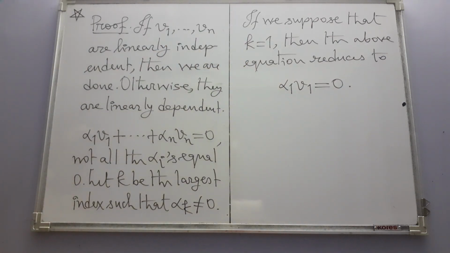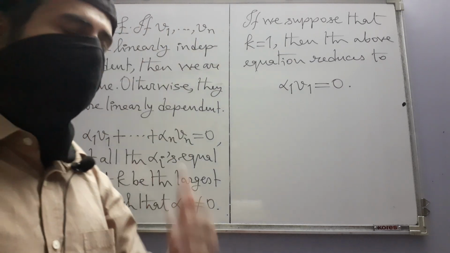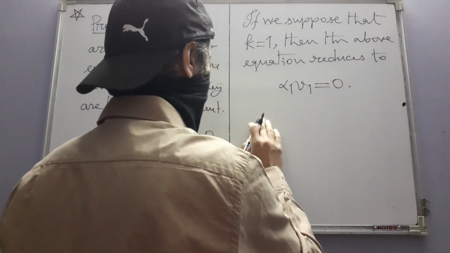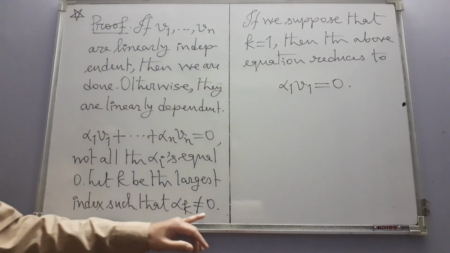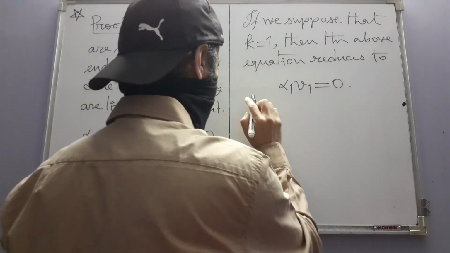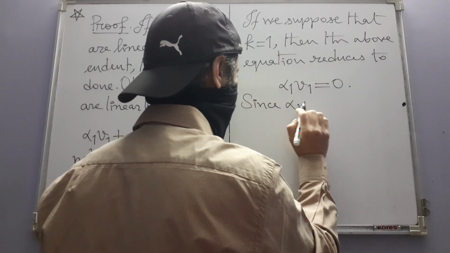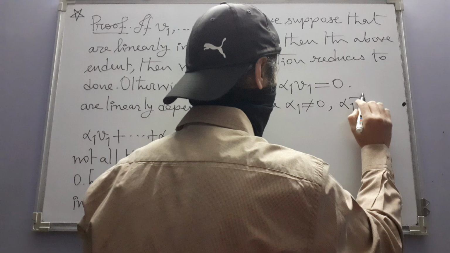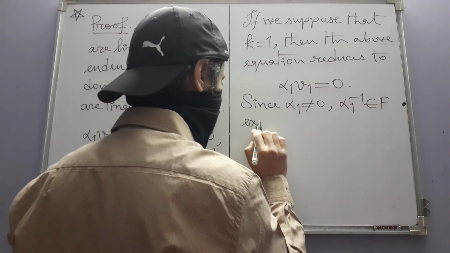But do you remember the hypothesis? None of these vn's is equal to 0. Now alpha 1 is also not 0, obviously, because alpha k is non-zero, and if k is 1, then alpha 1 is not equal to 0. Since alpha 1 is non-zero, alpha 1 inverse in F exists.